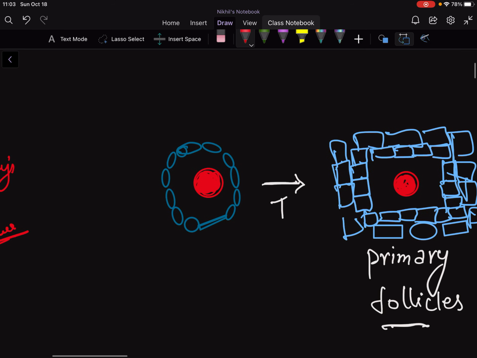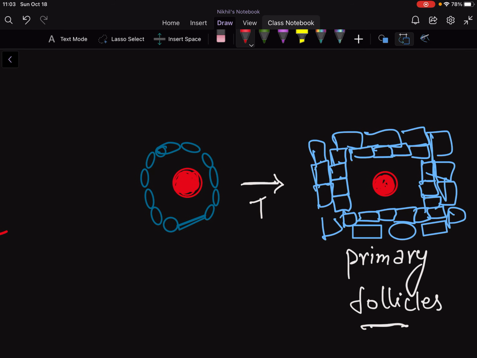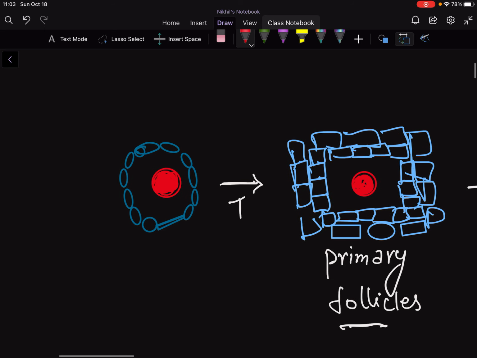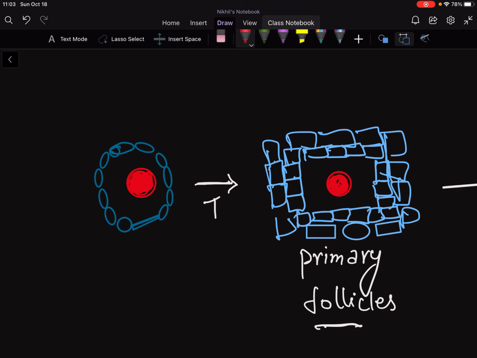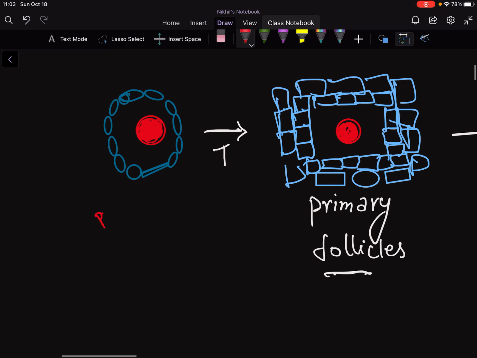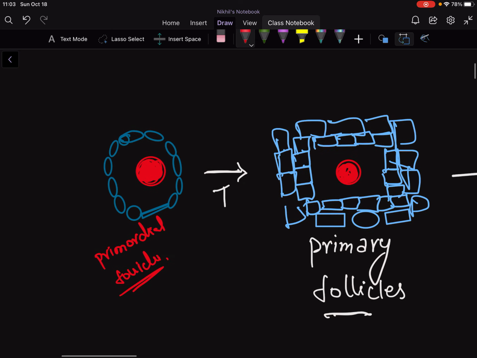Okay, so what happens once the FSH and LH reach the ovaries? So this is called the primordial follicle. What does the primordial follicle consist of? This mainly consists of two types of cells.